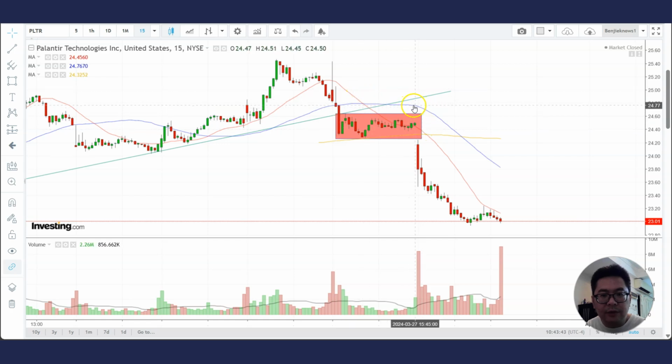There's already a bearish cross of the 20 MA. After the bearish cross in the 15-minute chart, it gapped down below this consolidation, and that's where the sell-off happened. Kind of like a waterfall sell-off, and it ended towards the lowest low of the day.